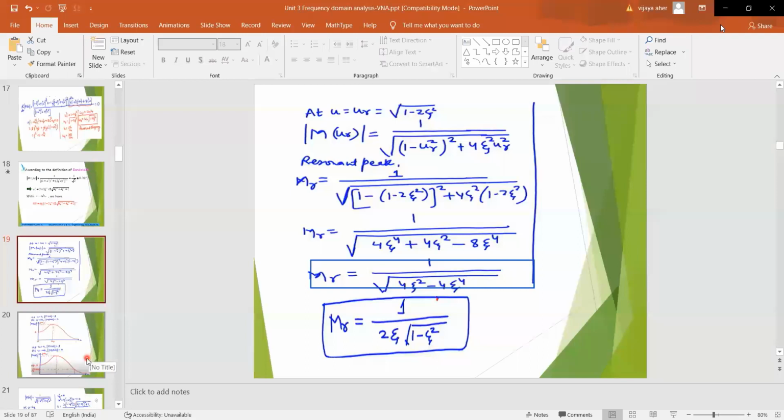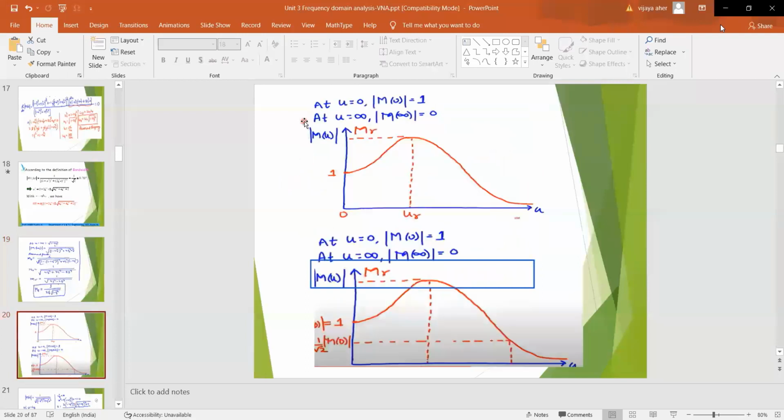Now let's plot. At u equal to 0, magnitude of M(u) is equal to 1.